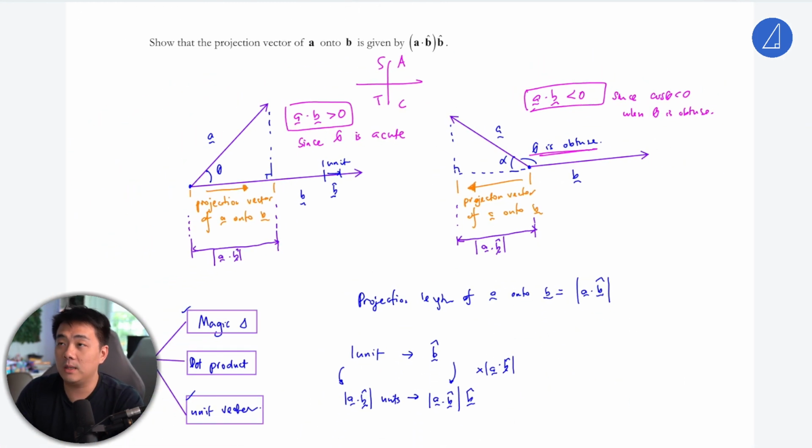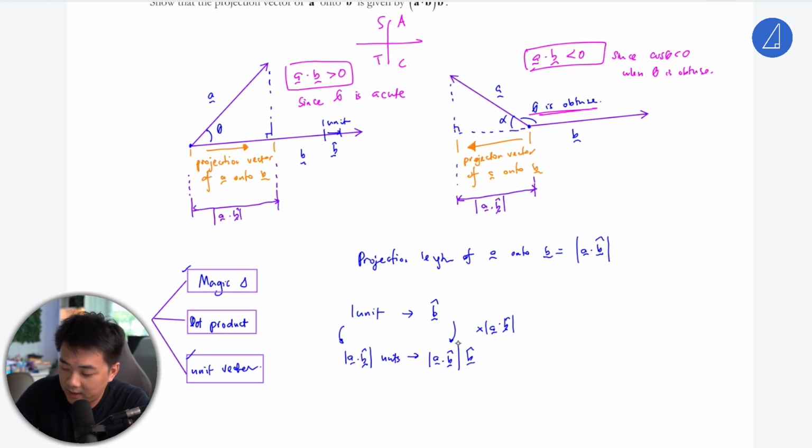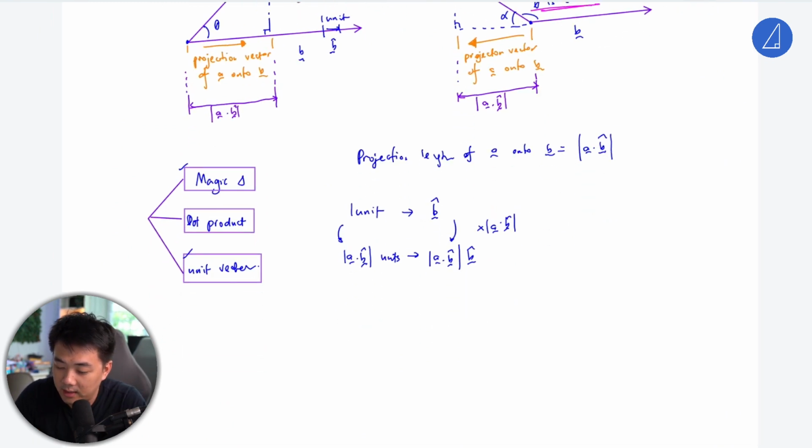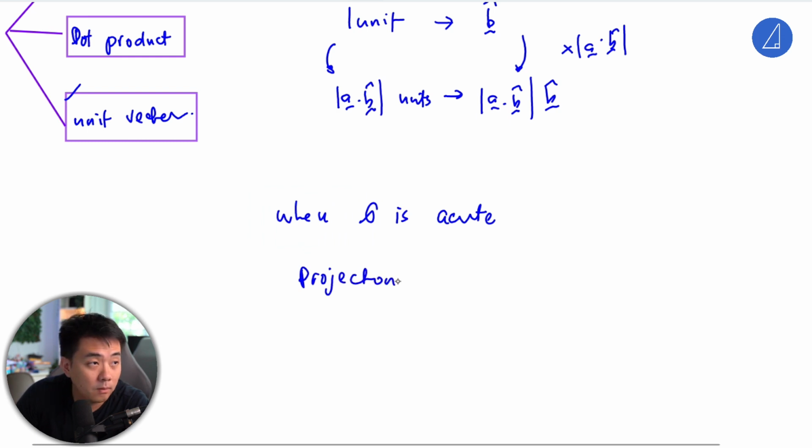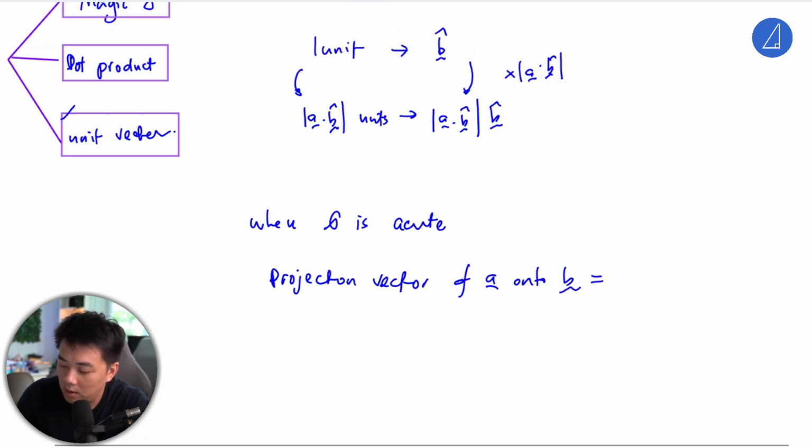Okay, so this is the missing piece that we need, because this vector here is actually parallel to B. So when theta is obtuse, we write acute first. Okay, we know that what we want, when theta is acute, is the projection vector of A onto B, which is actually equal to this.